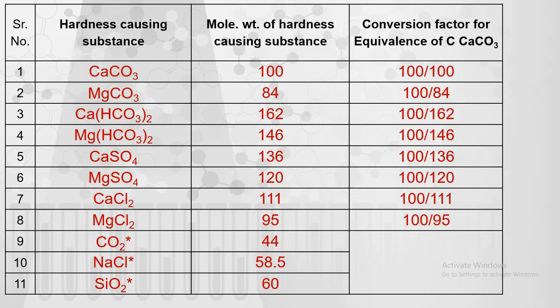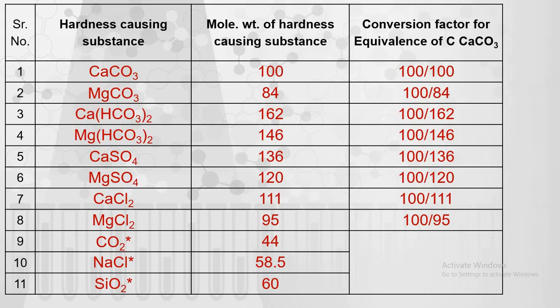After these hardness causing substances, we must know their molecular weight. Then we have the conversion factor that we have already seen in the formula. So the hardness causing substances and their molecular weight are very important. How to calculate this molecular weight, we will see in the next slide.